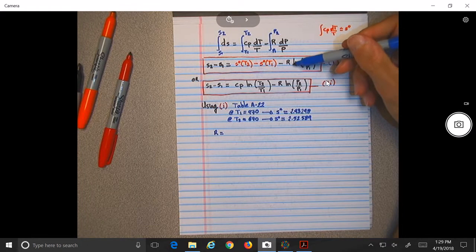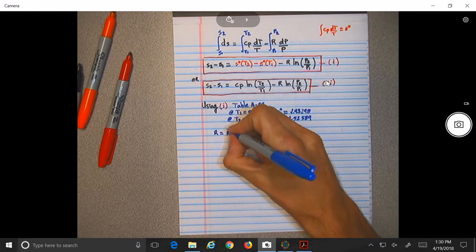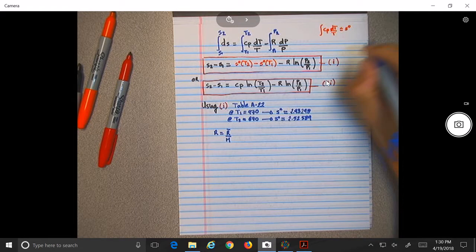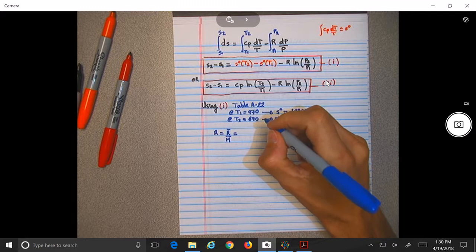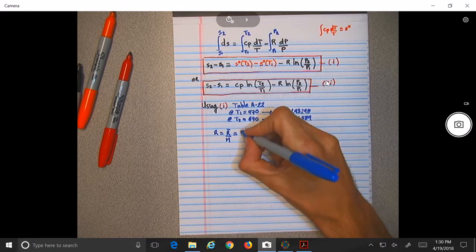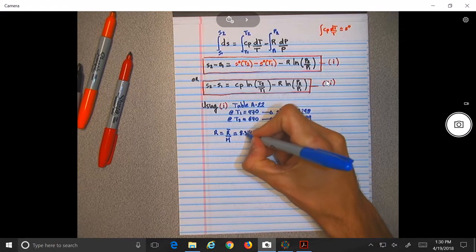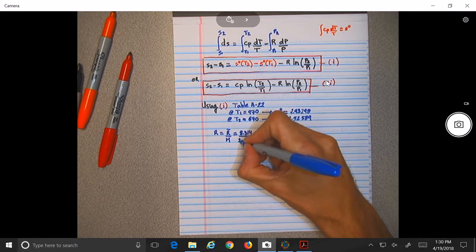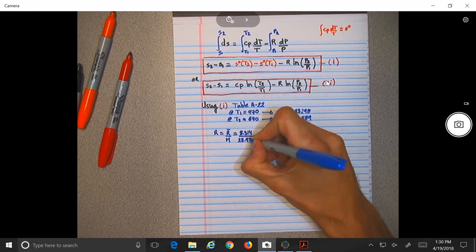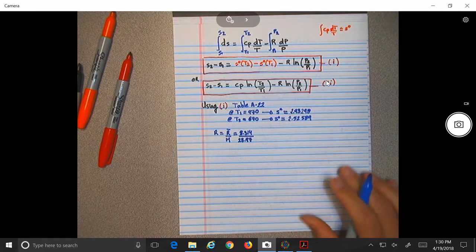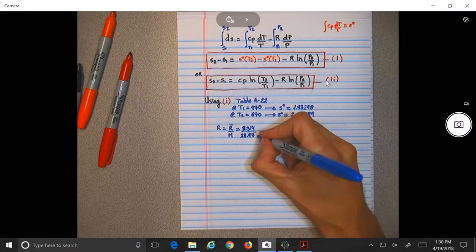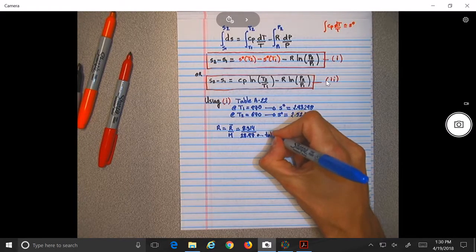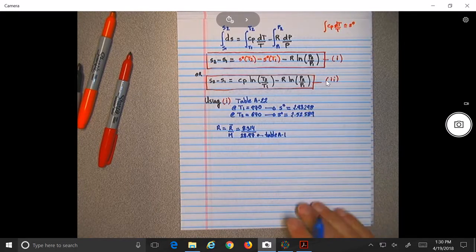Okay, in this equation, what is R? Is R bar divided by the molar mass, no? From the page you can use on the exam, what is R bar? And what is the molar mass of the air? 28.97. If you don't have that one, you get it from table A1. Okay, let me put it here. Table A1.